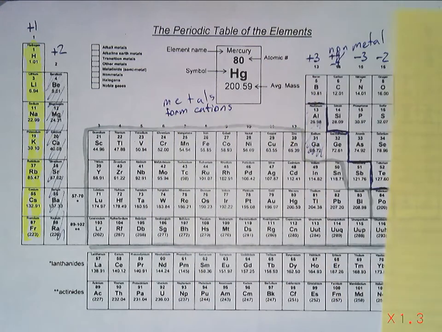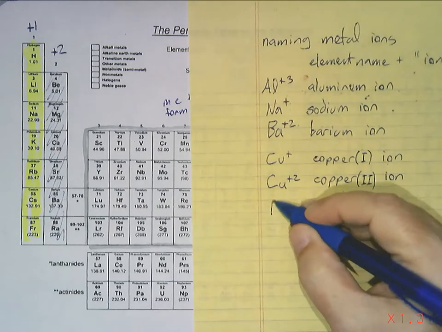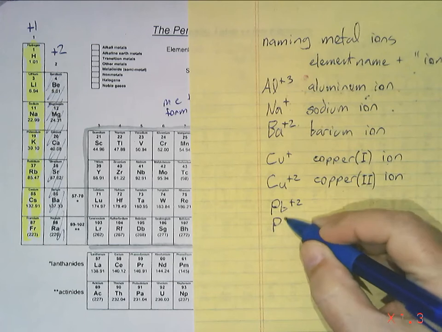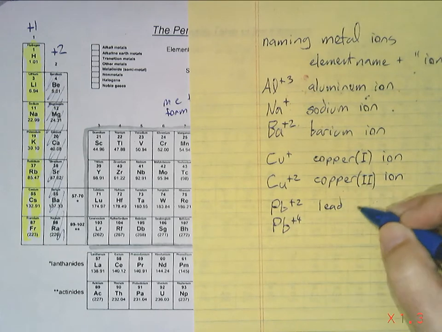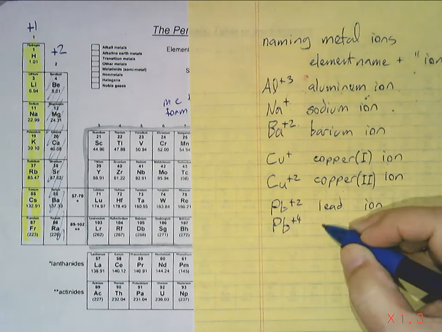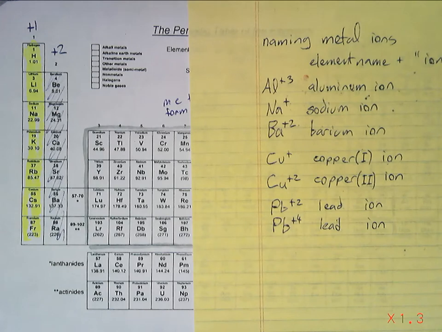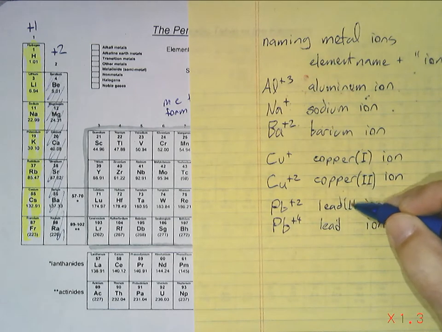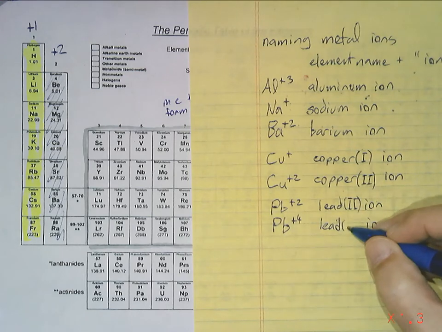Now, notice that lead here is in that area. Lead forms 2 ions. We can't just call them lead ions, because then they both have the same name and they're very different. I'm going to call this a lead 2 ion. And I'm going to call this a lead 4 ion.